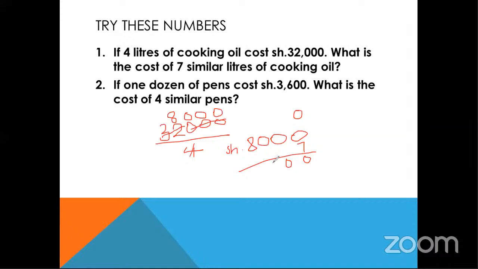Then 7 times 0 is 0, and 7 times 0 is 0. We have 3 zeros. So what are we remaining with? 8. 7 times 8 is 56. So I write 6 and then 5. You can conclude the answer, Elvis. 7 liters cost 56,000 shillings.